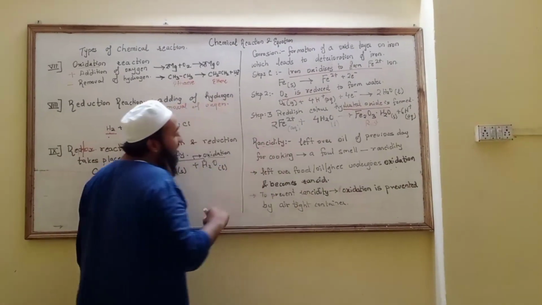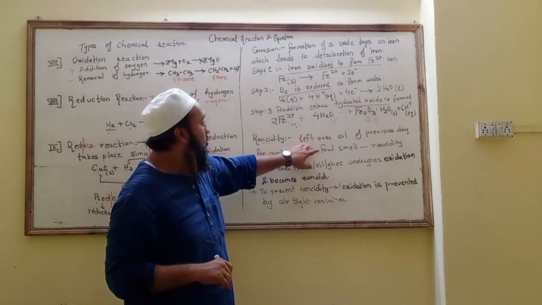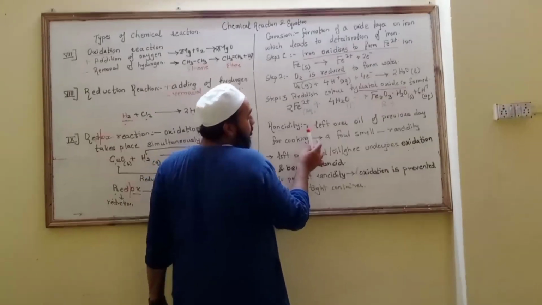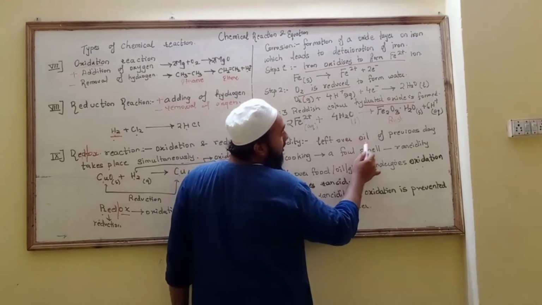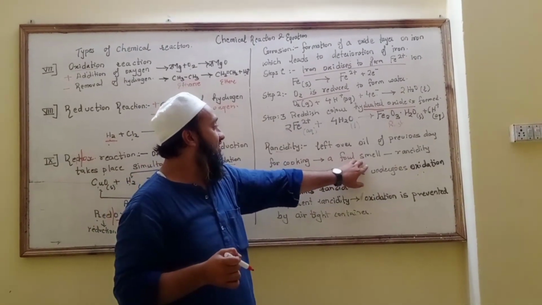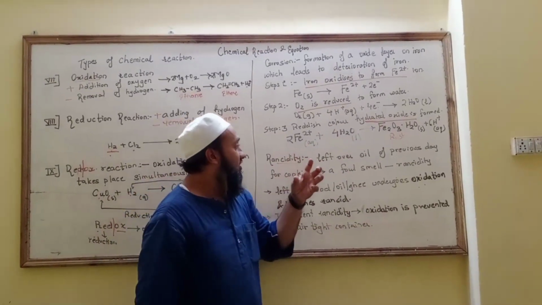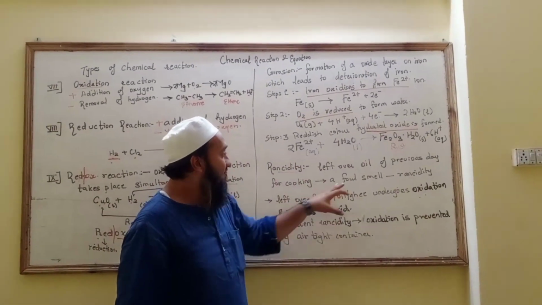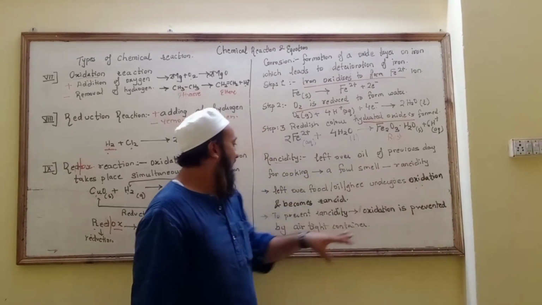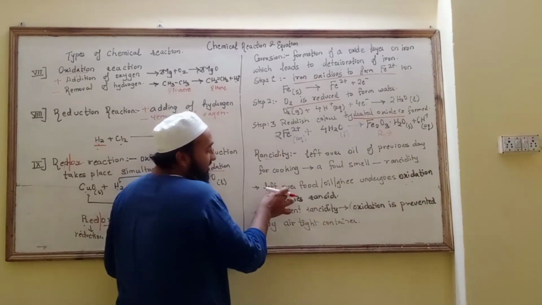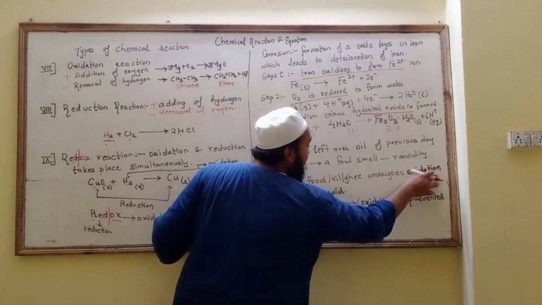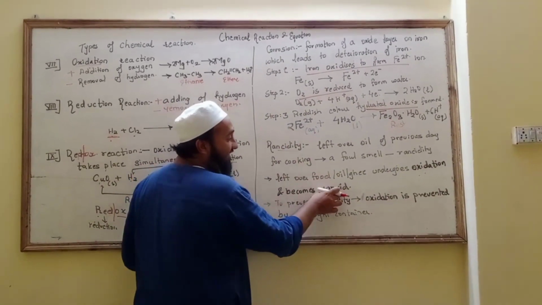What is rancidity? Rancidity is a phenomenon noticed in the leftover oil of the previous day used for cooking. A foul smell develops in the leftover oil or leftover food, and that phenomenon is known as rancidity. How is it produced? Leftover food, oil or ghee undergoes oxidation and becomes rancid.